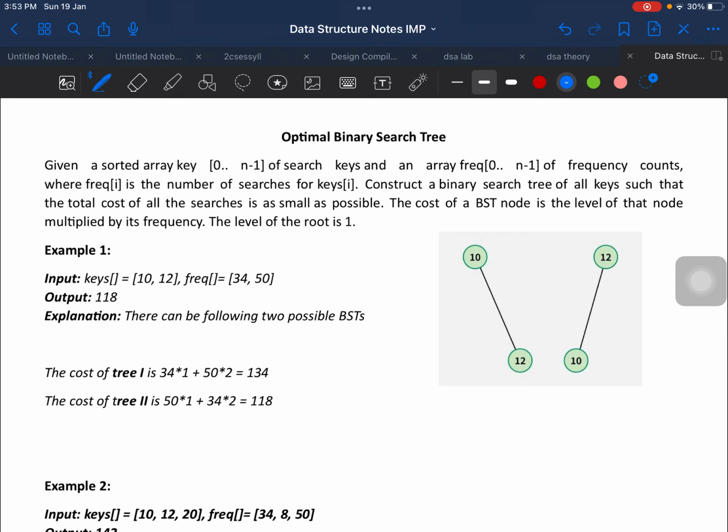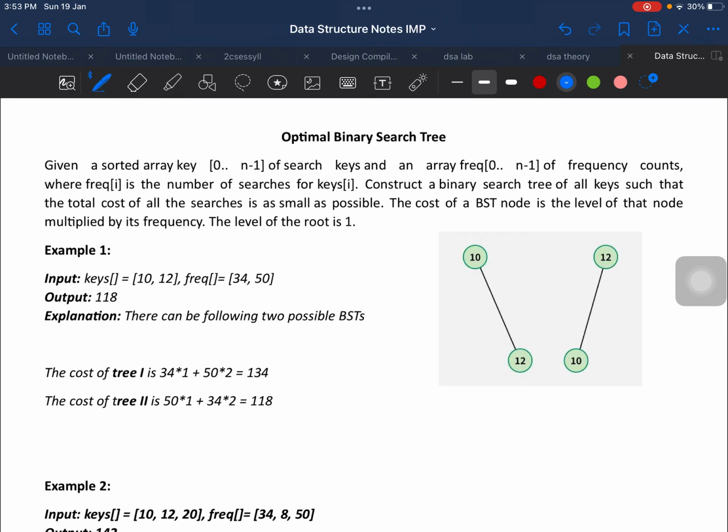So here frequency i is the number of searches for key i. It means whatever element is present in the keys array at the ith index, in the frequency array at the ith index the number of frequency is given.